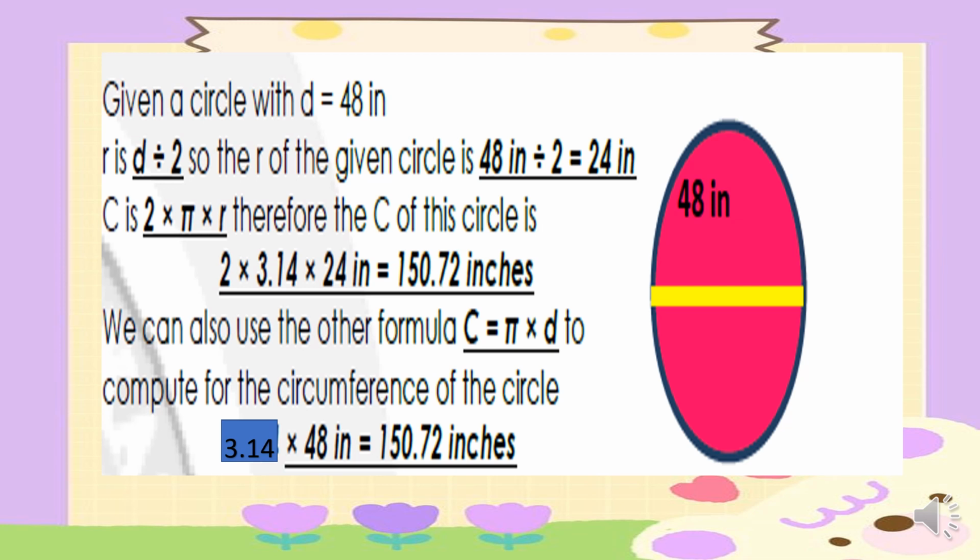So we can also use the other formula, which is C equals pi times d, because the given is the diameter. So to compute the circumference of the circle, the value of pi is 3.14 times 48 inches. That is also equivalent to 150.72 inches.